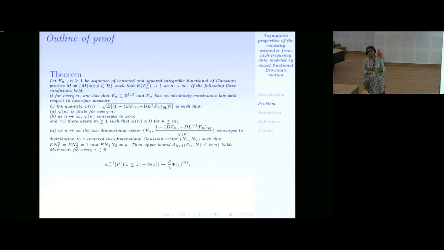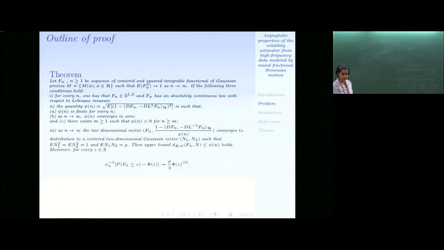And yes, for this variation kind of bound, I'm just giving the brief idea: if I am able to write my estimator like this, Fn, then the proof involves how the distribution of Fn and its normal distribution difference, if I write in suitable form, these two quantities' correlation going to say something about this variation bound.